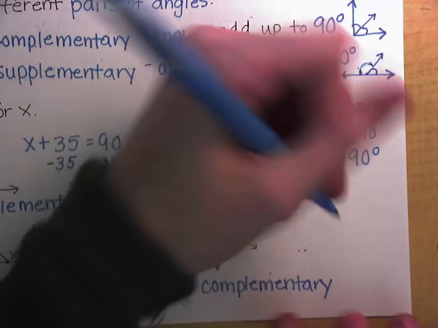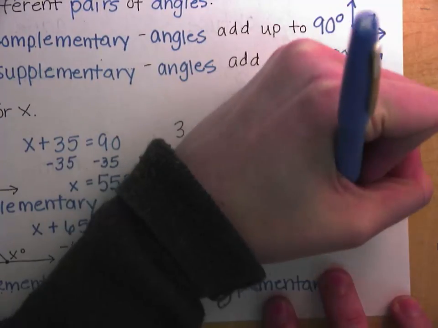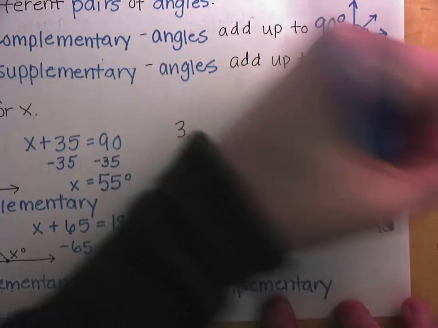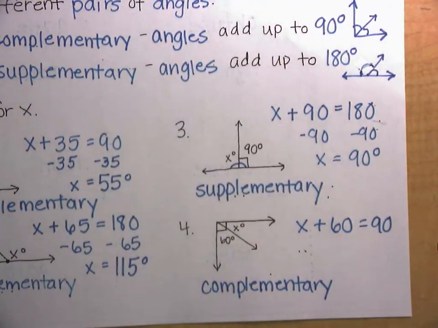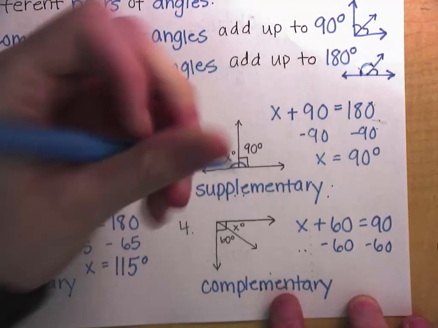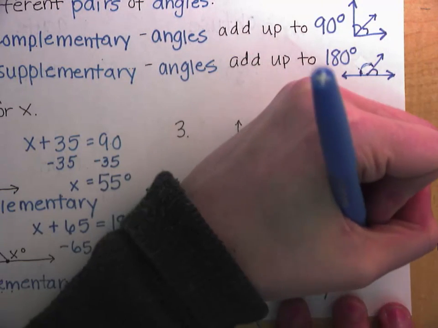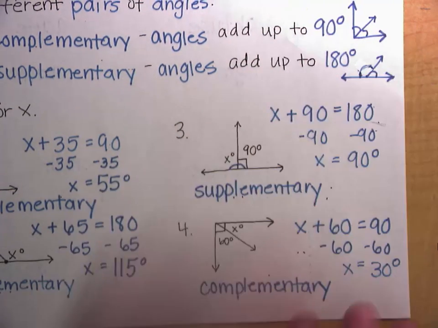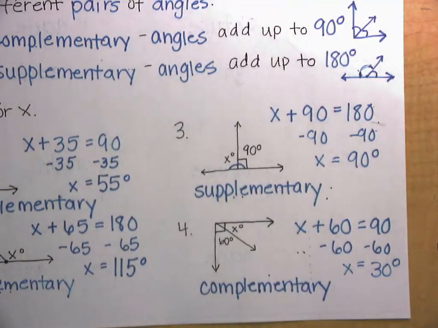They add up to 90. So these two angles have to add up to 90. Okay? So I'll subtract 60 on both sides, and I'll be left with 30 degrees. So the complement to 60 degrees is what? 30 degrees. What's the complement of 30 degrees? 60 degrees. Good.